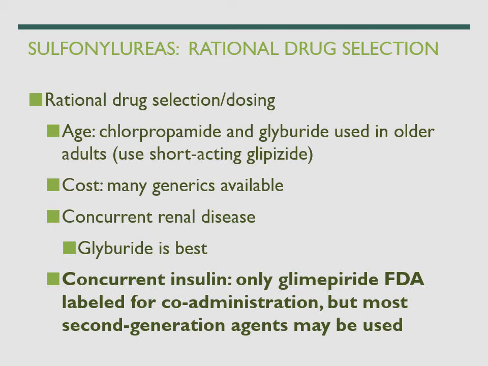One thing, the only sulfonylurea that is labeled to be co-administered with insulin is glimepiride, but most of them may be used. Again, this of course would only be for patients who are type 2 diabetics. You would not use it concurrently with patients who are insulin dependent exclusively or type 1 diabetics.